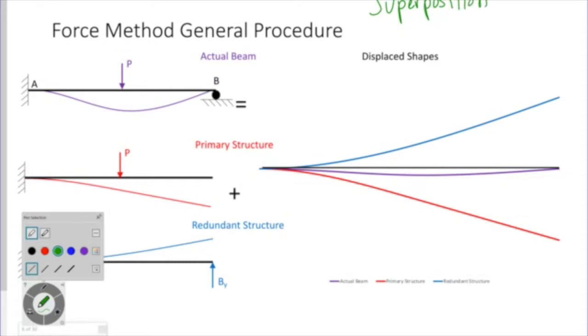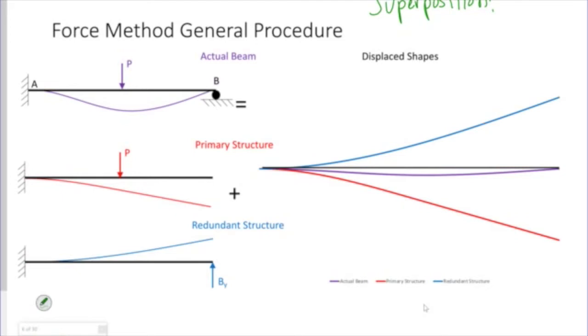Where I can add together the displacements, the reactions, the stresses, moments, all that, of 2 separate loadings on the same structure, provided they meet the 2 limitations of superposition, which are that I have a linear elastic material and that I only have small displacements.